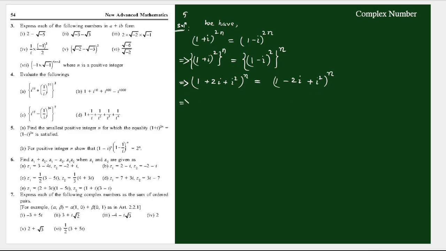I square is nothing but minus 1, so plus into minus, you can write that minus 1. Here also 1 minus 2i minus 1 to the power n. Now 1 minus 1 is 0, and we have got (2i) to the power n. Again 1 minus 1 is 0, so here we have got (minus 2i) to the power n.